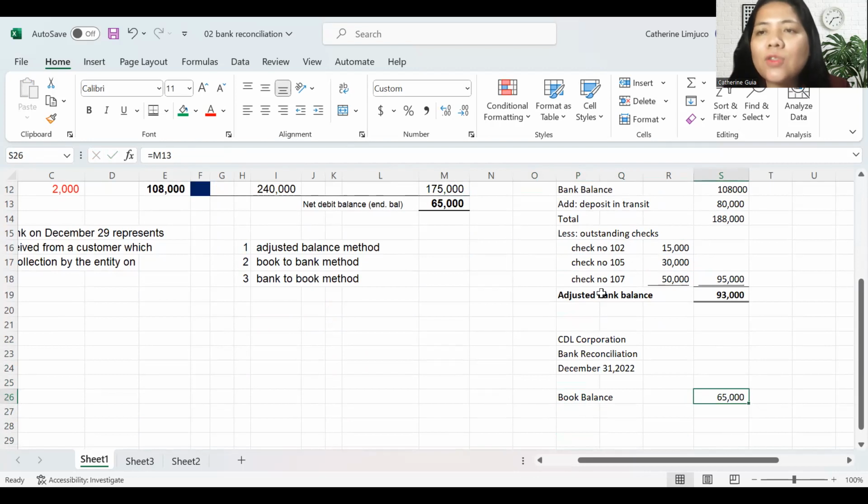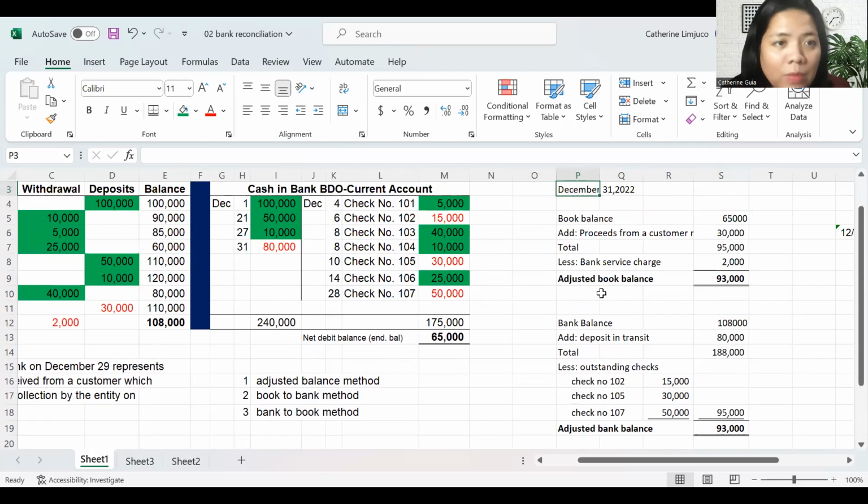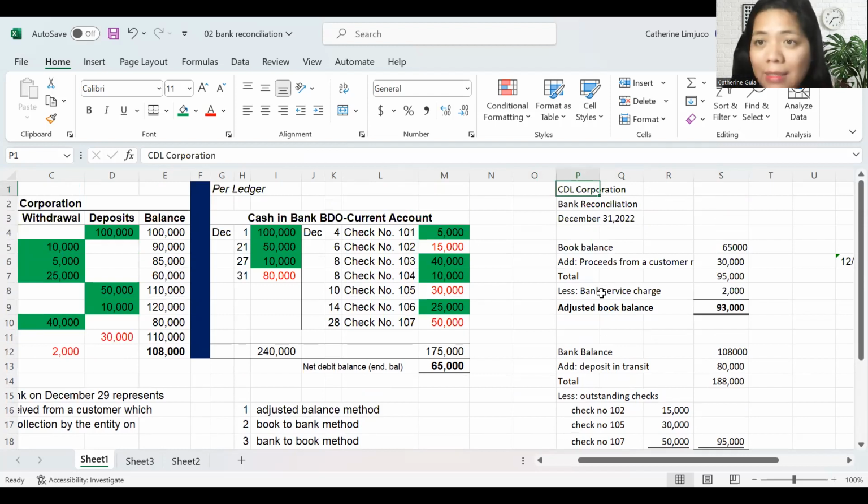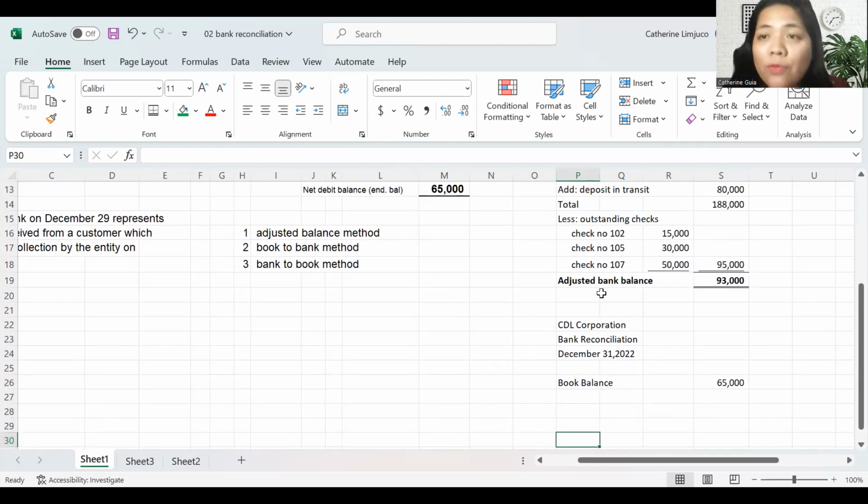You only need to analyze whether those items should be added or deducted from the balance. Assuming that you are preparing book to bank, you have to identify which of the 6 items we identified should be added to our book balance and which should be deducted.